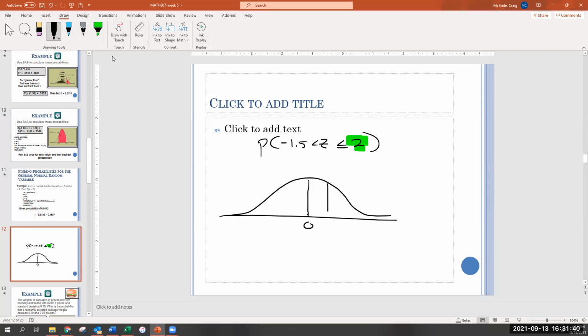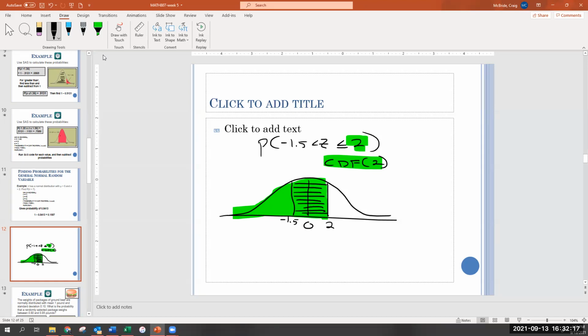So 2 is here. And if we do a CDF of 2, it's going to give us all of this, everything less than 2. But that's not what we want. We want this stuff only, what's in between the two.